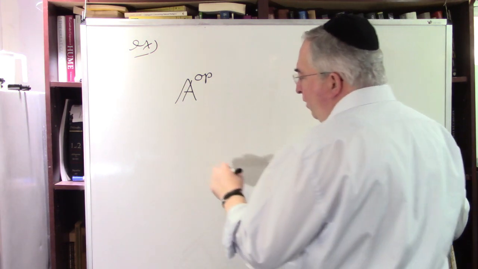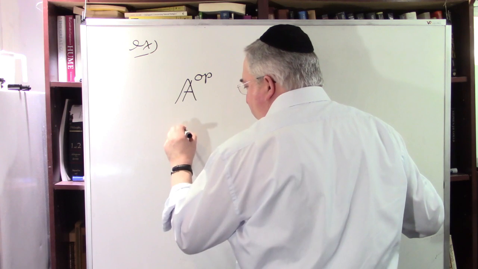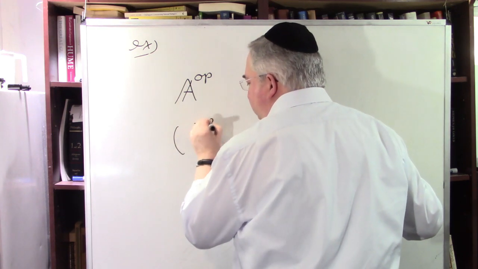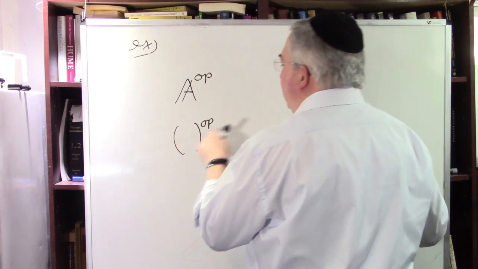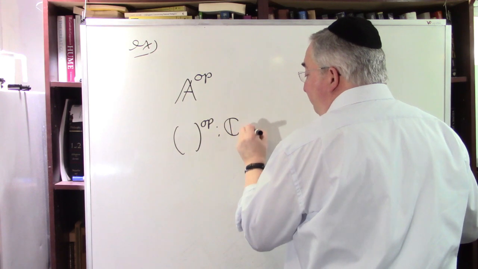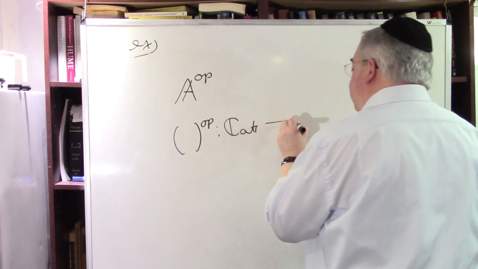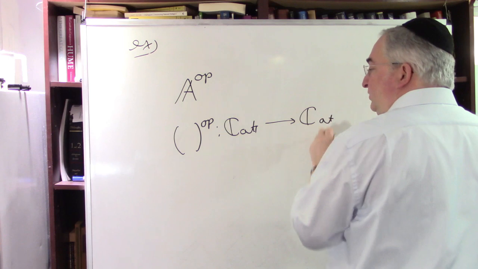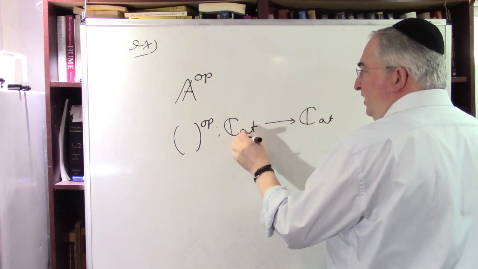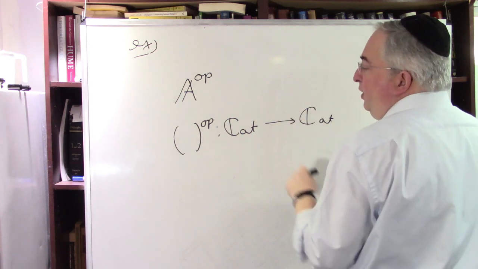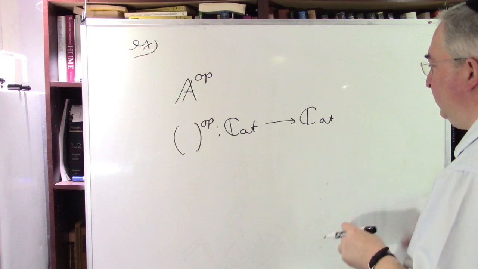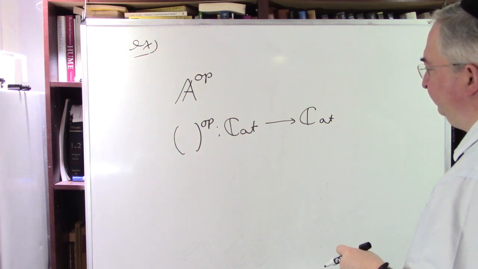Now the way to think of this is that there's a functor, which we can write as this, which takes a category and gives you out a category. So it's a functor from the category of categories to itself. It takes a category and gives you another category in which all the arrows are inverted. So that's the opposite category.